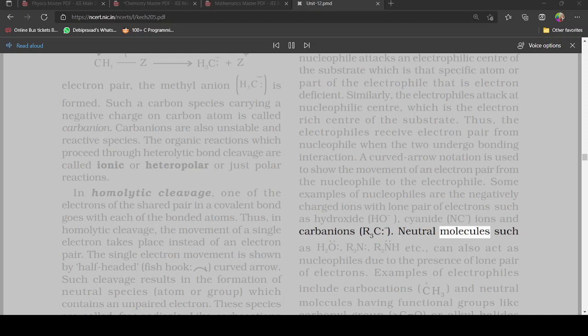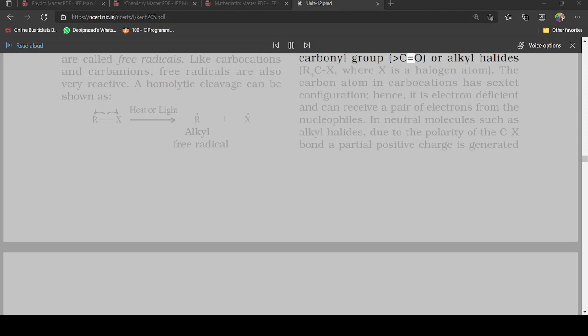Neutral molecules can also act as nucleophiles due to the presence of lone pair of electrons. Examples of electrophiles include carbocations, CH3+, and neutral molecules having functional groups like carbonyl group, C=O, or alkyl halides, R3CX, where X is a halogen atom.